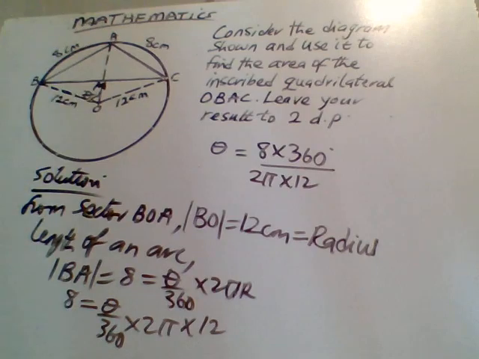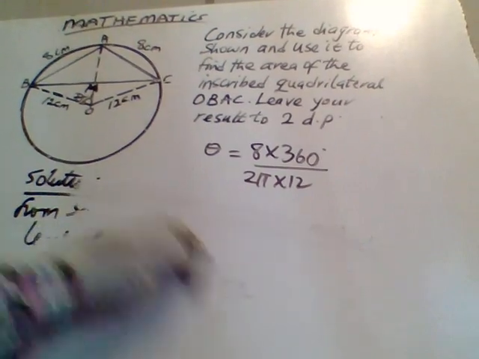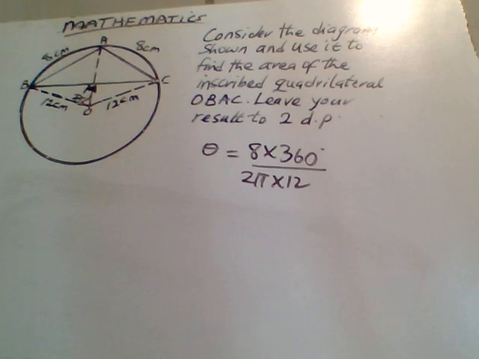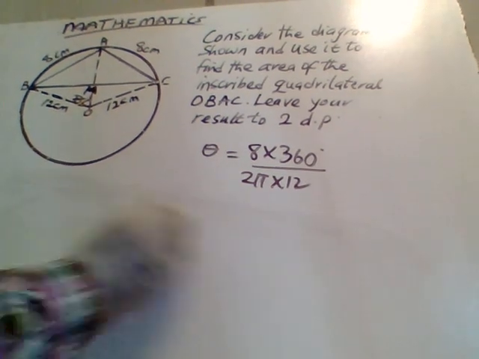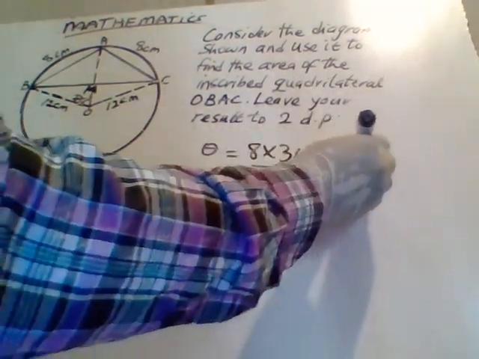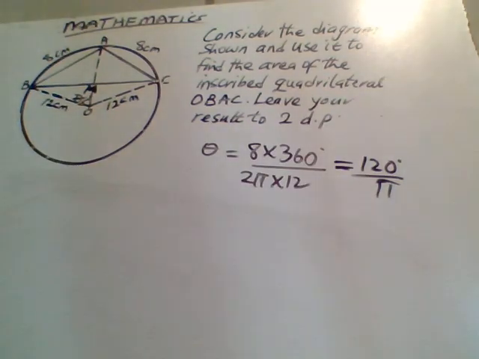Simplifying the expression, theta is equal to 120 degrees divided by pi.